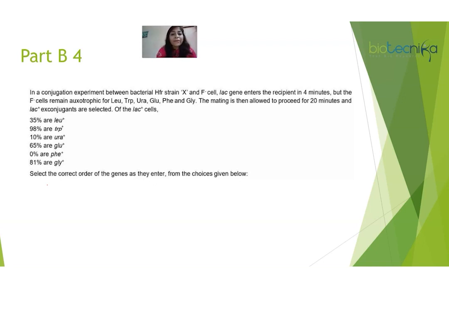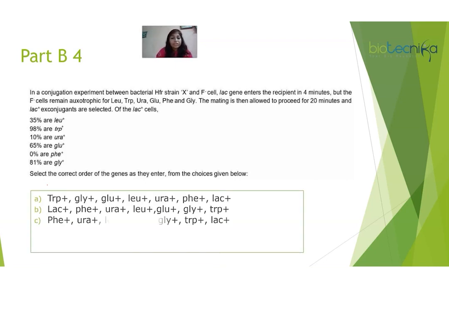So of the lac plus cells, the percentage of cells showing that particular gene marker is mentioned. Select the correct order of the genes as they enter from the choices given below. So the gene order is given and you have to see which one is the correct order.